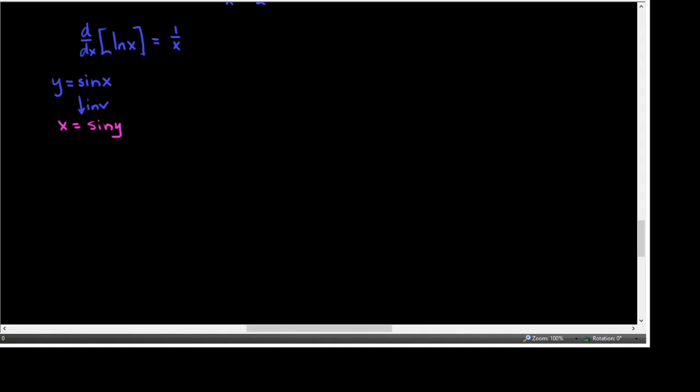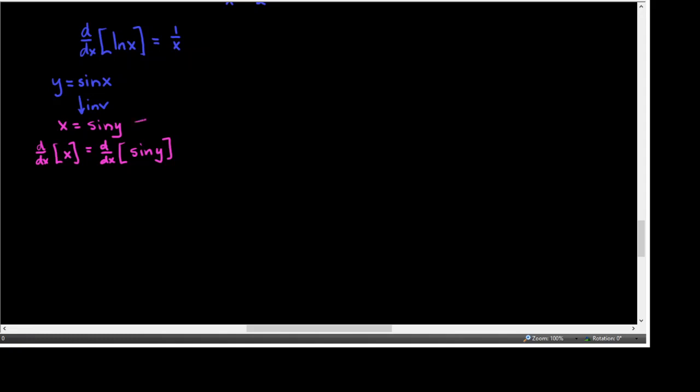So I want to use implicit differentiation and take the derivative on both sides of that equation with respect to x. Everything in pink right now is the inverse equation because the x's and y's have been switched. So when we find dy dx for this, it will be dy dx for arcsine. Okay, that's where we're headed.